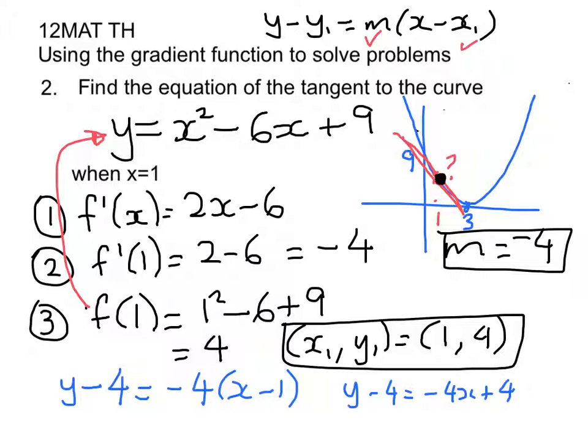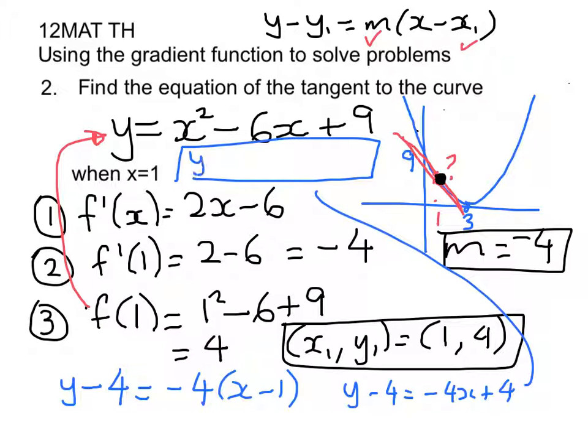And that gives me, oh, I really have run out of space. Never mind. I'm going to squeeze that in just up here, because I've just got one last line to do. So we get y equals negative 4x plus 8. So that's the equation of the tangent to the curve.